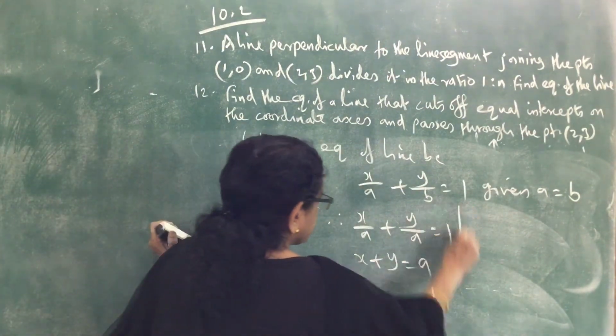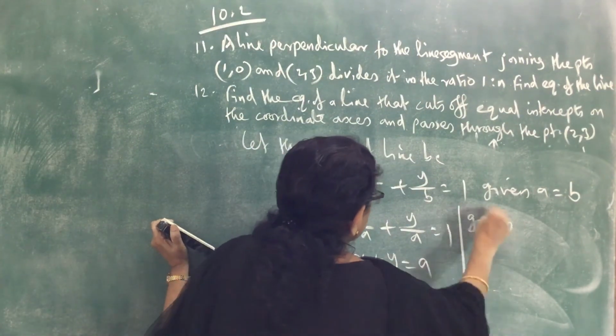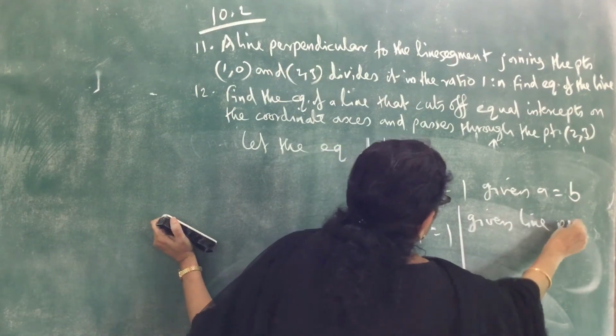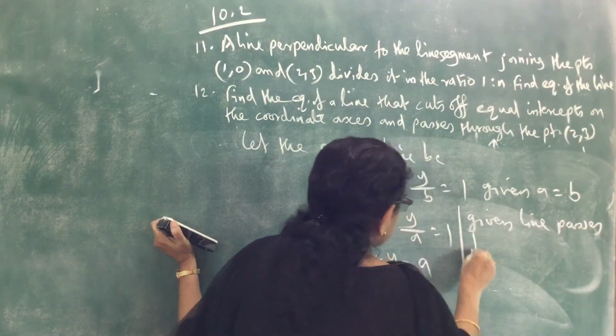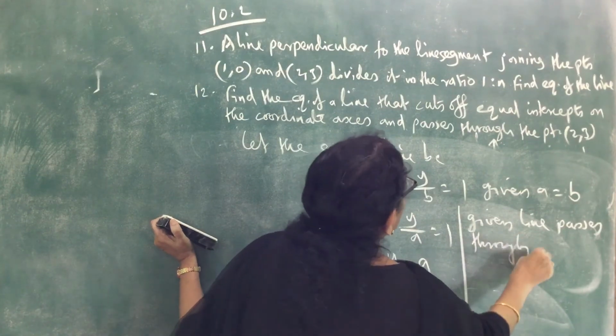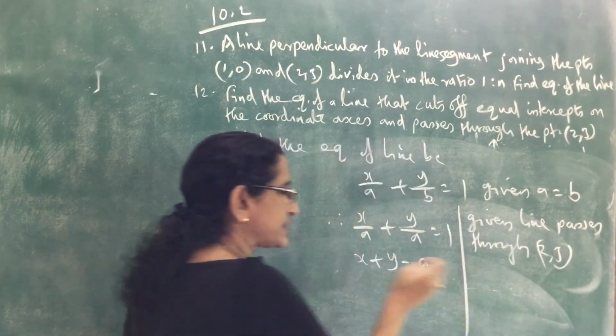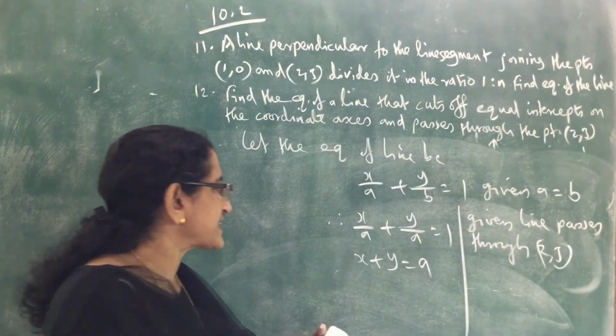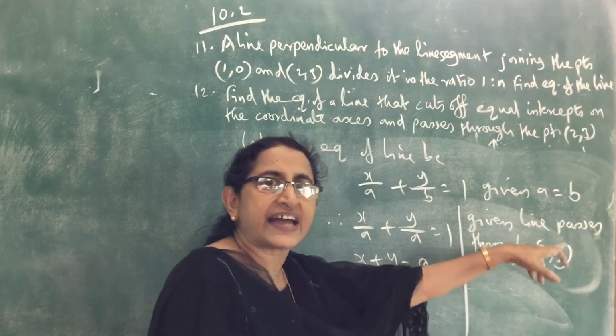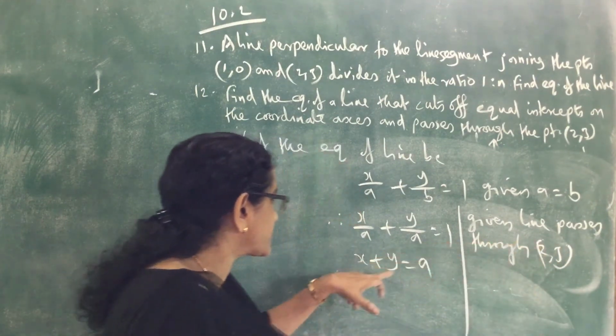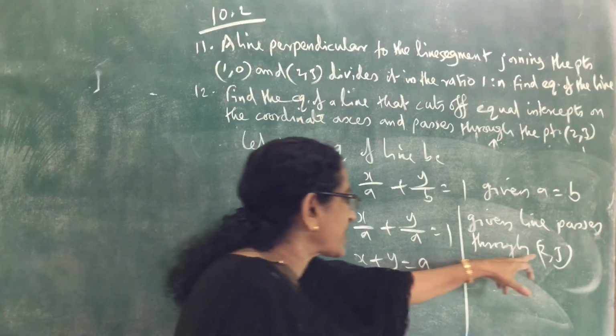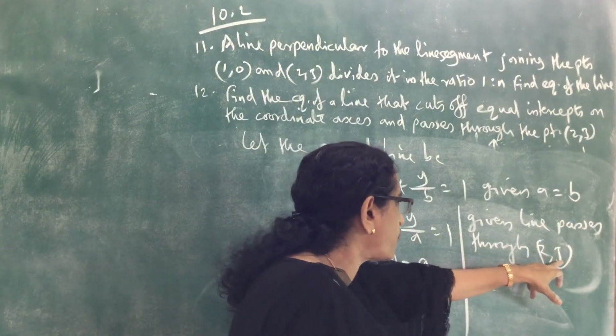Given the line passes through (2, 3), that means this point will satisfy this equation. So in the place of x we can substitute 2, and in the place of y we can substitute 3.